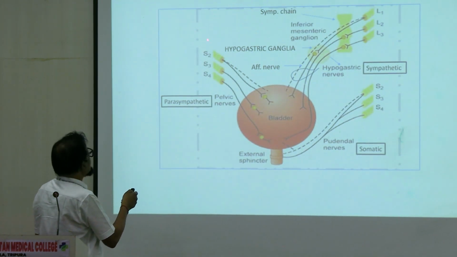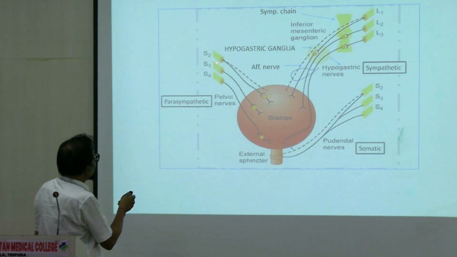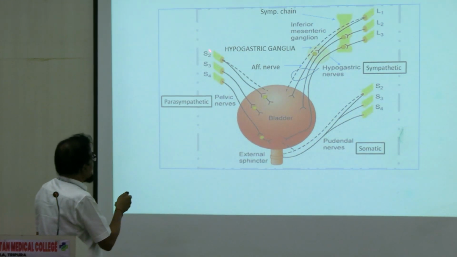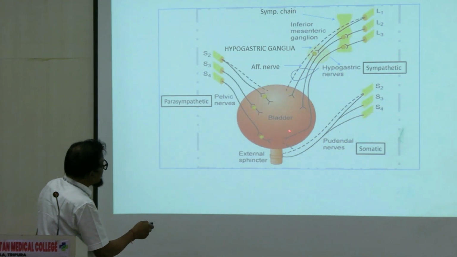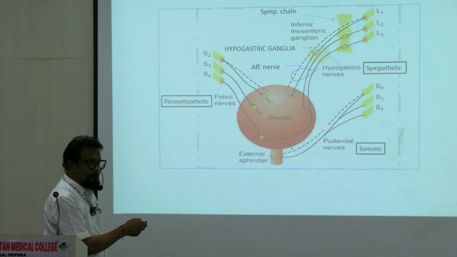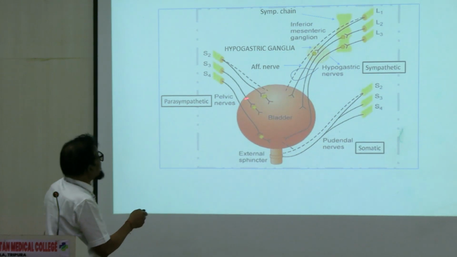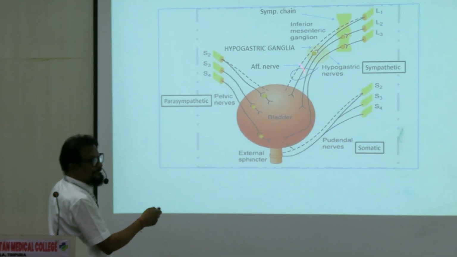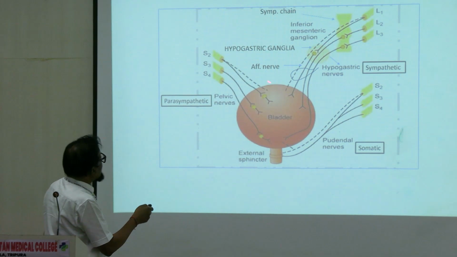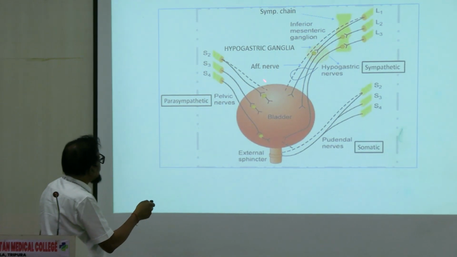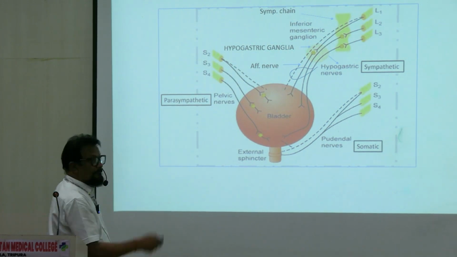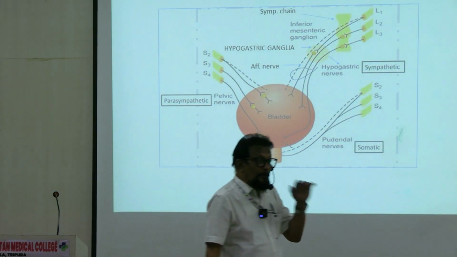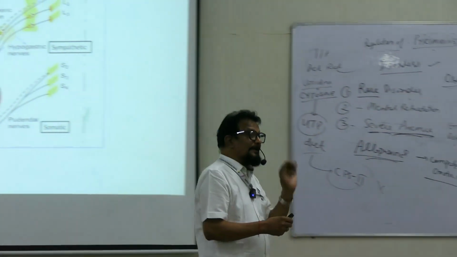So here the center is S2, S3, S4, and from here the nerve is coming out and will be supplying the bladder. See, they are supplying this area, that is the trigone area, means internal sphincter area, and they are supplying the body area, means the detrusor muscle. Okay, and they also have afferent fibers, taking sensation from the detrusor muscle, because the detrusor muscle has receptors.